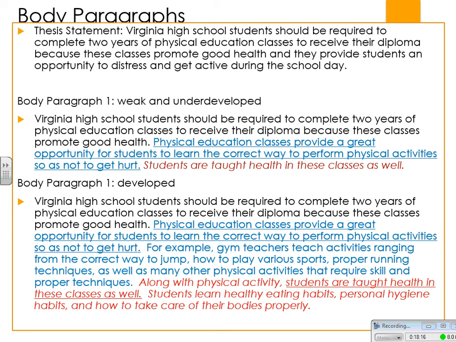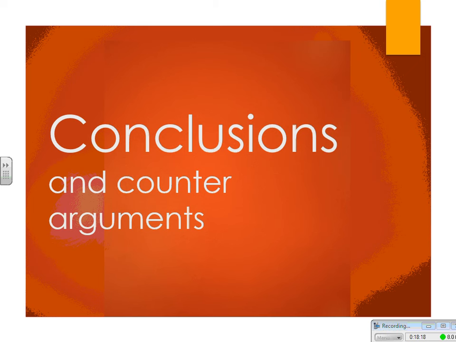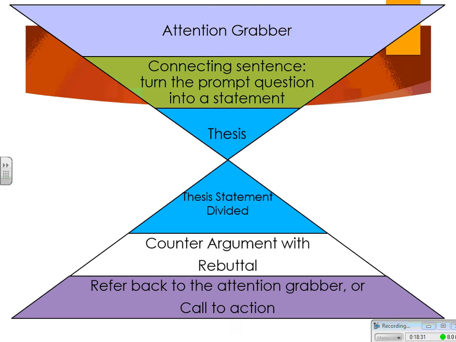The conclusion is the last paragraph in your paper, and conclusions are what I consider the most fun to write, because conclusions are basically the upside down or the mirror image of an introduction. If your introduction begins with an attention grabber, a connecting sentence, and a thesis, then I shine an upside down mirror on that, and now my conclusions are the opposite.